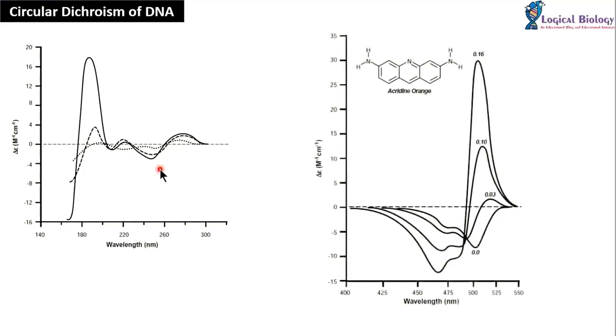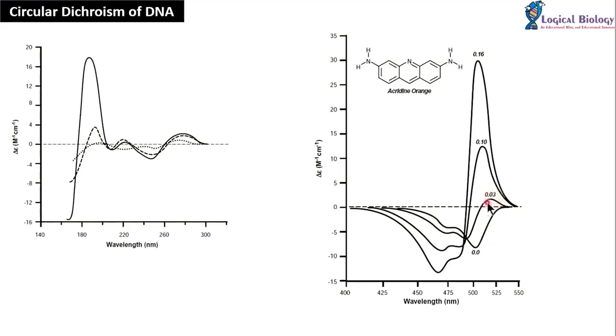One more interesting example I found is a dye called acridine orange, which can bind to DNA. People have measured the CD of this dye. Once it is bound to DNA, it shows helix nature, or circular dichroism, you can say. So at 0.0 it is not bound with DNA, so there is not a good value of ellipticity.